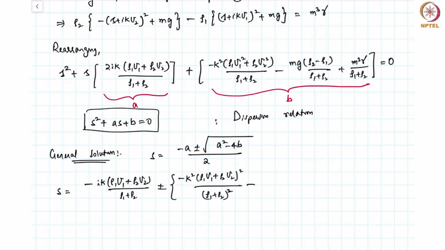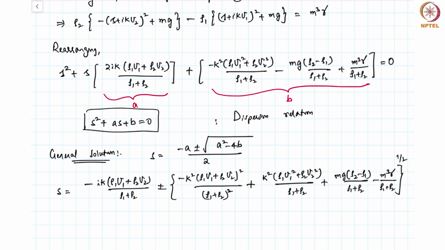That A square minus B would be just plus k square of (rho 1 u1 square plus rho 2 u2 square) by (rho 1 plus rho 2), plus mg of (rho 2 minus rho 1) by (rho 1 plus rho 2), minus m cube gamma by (rho 1 plus rho 2).